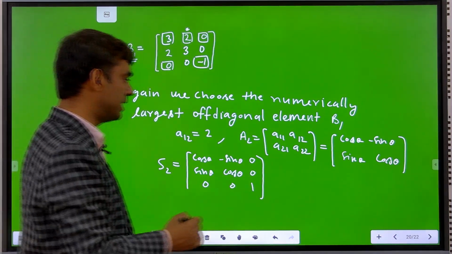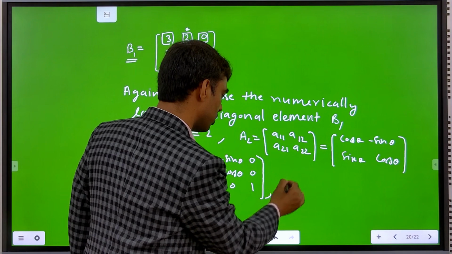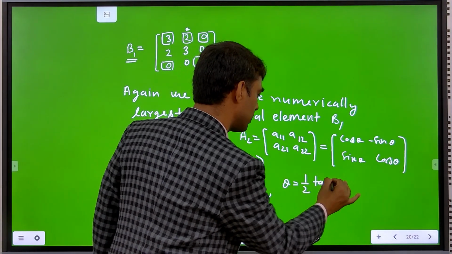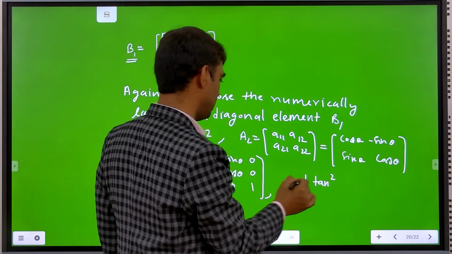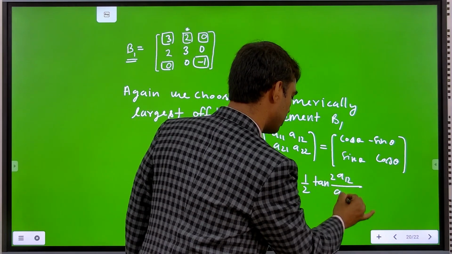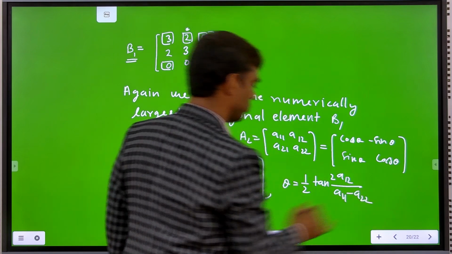Now, what is the value of theta? The value of theta is 1 by 2 tan inverse of 2 A12 upon A11 minus A22.